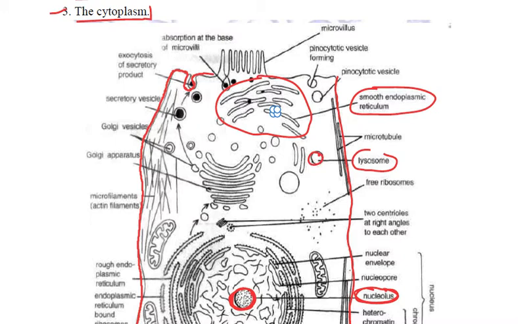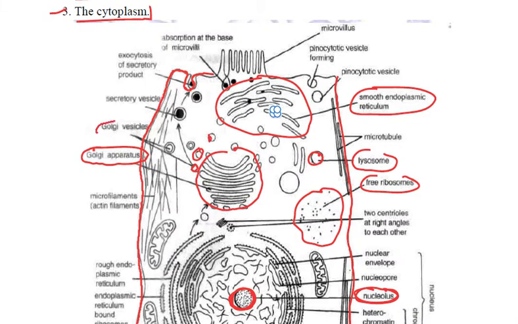We have some free ribosomes. These are some free ribosomes. Right? These stacks, one above another, the cisternae containing organelles, are the Golgi apparatus or Golgi bodies, and we have certain associated Golgi vesicles. We have certain secretory vesicles also.